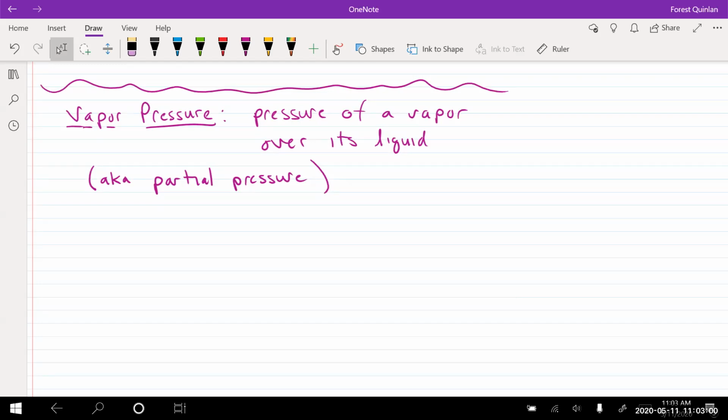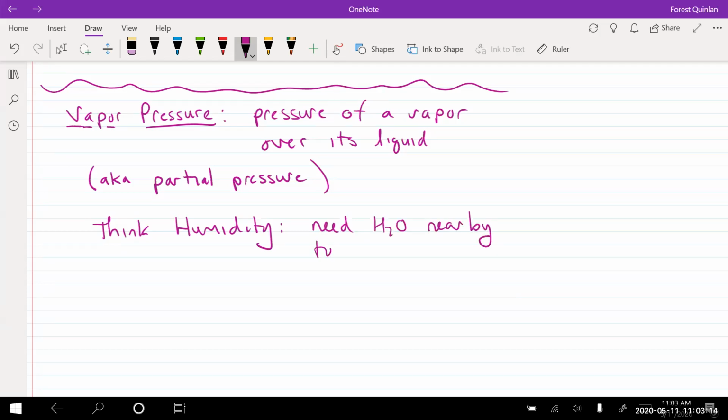Now, for instance, think humidity, right? You need water nearby to be humid. So here in the Napa region, we are really close to the bay, really close to the river.